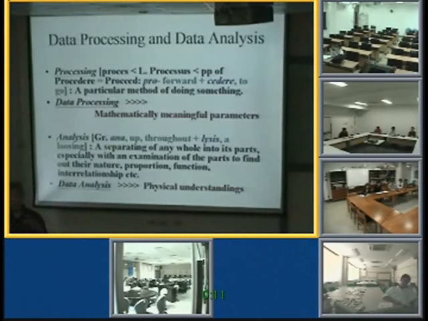And then you study the characteristic and property of each part, and also study the interrelationship between parts. So by the time you take something as a whole and you cut it in pieces and you study each piece, and study the interaction between pieces, then you thoroughly understand this process. And that is analyzing. That is analysis.